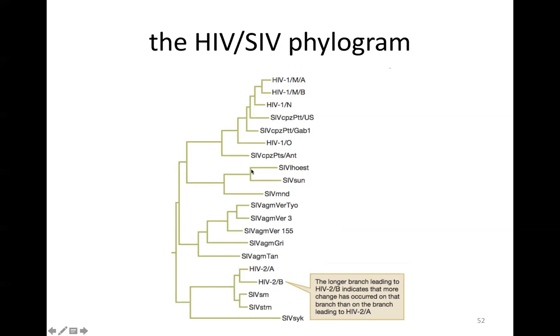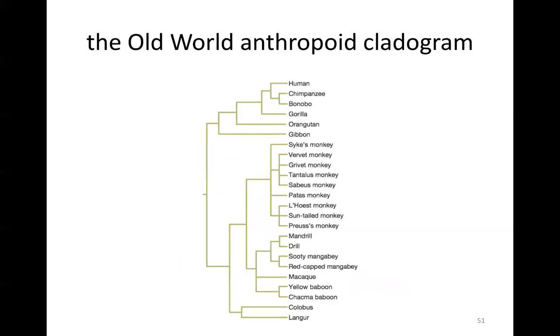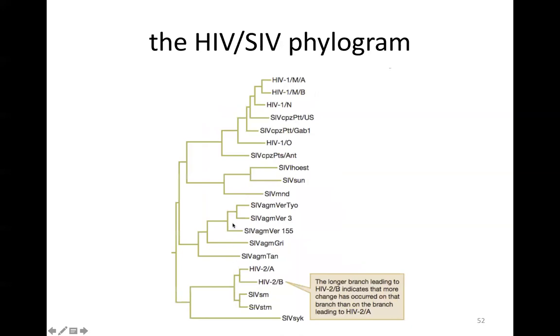Okay, so here, this tree is interesting. The branch lengths represent the amount of change. So before we had a cladogram just representing the branching patterns and nothing else. Here, the branch lengths indicate how much change has happened, based on how many mutations these strains have accumulated. So we have 2 different sources of information.